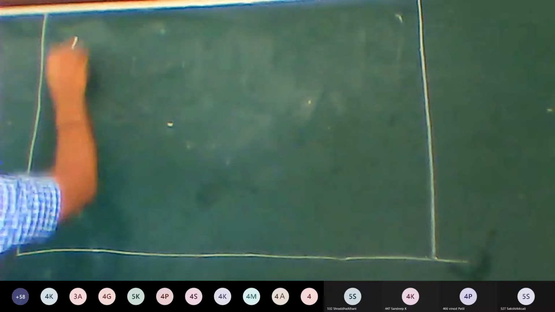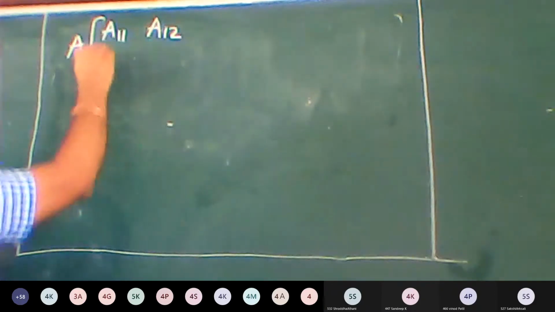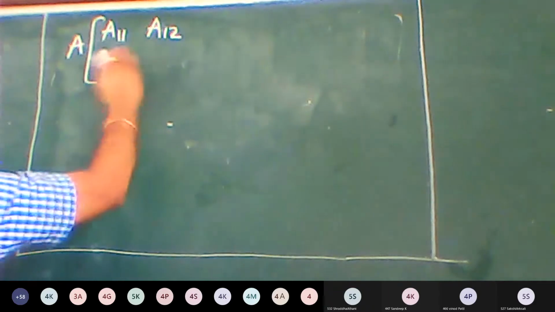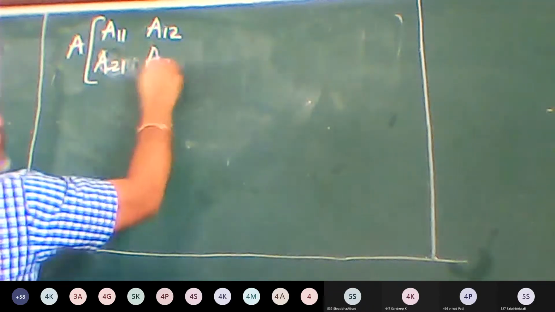suppose, let me consider a simple case here. Suppose there is a matrix A. I will write not actual numbers, but symbols: A11, then A12, then A21, then A22.